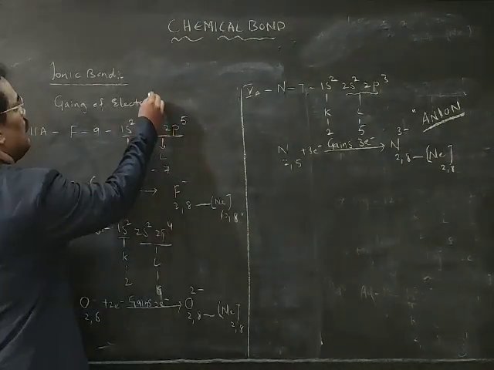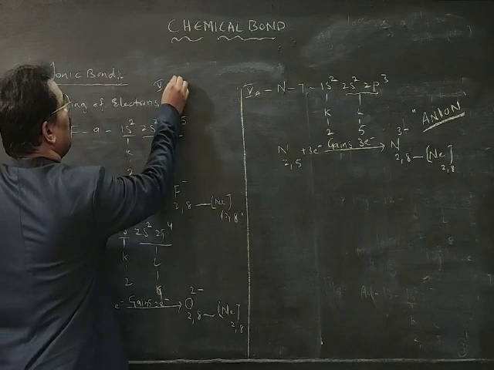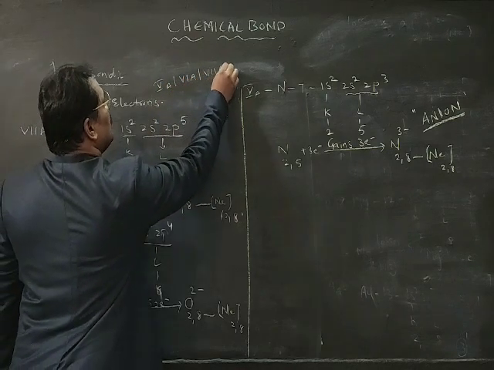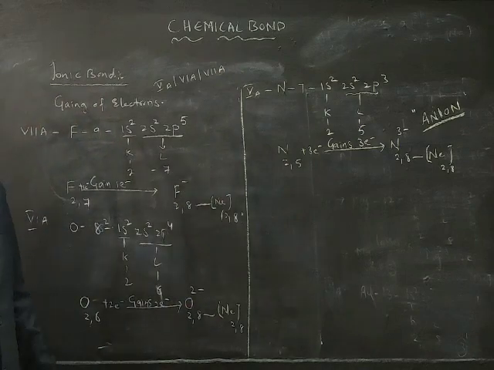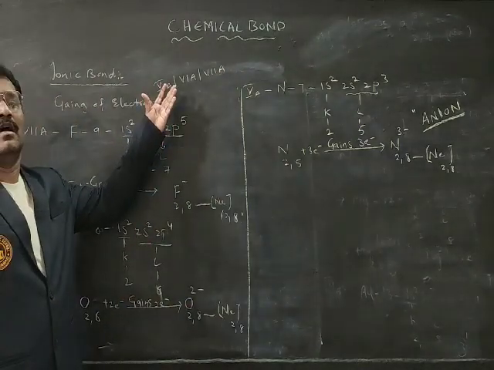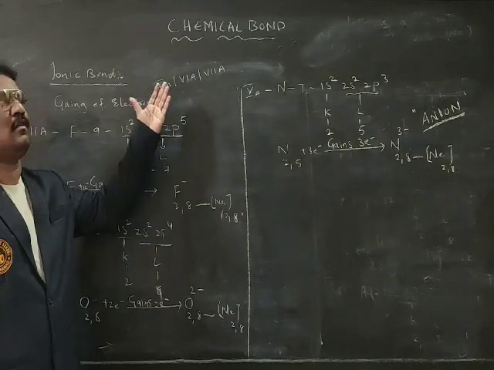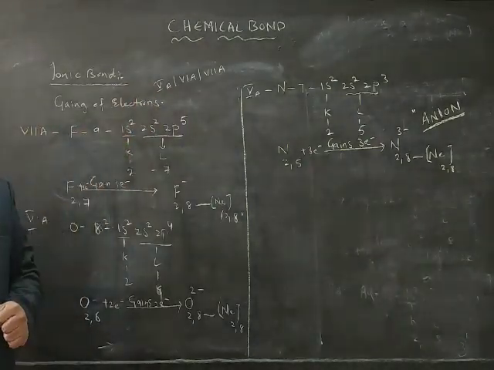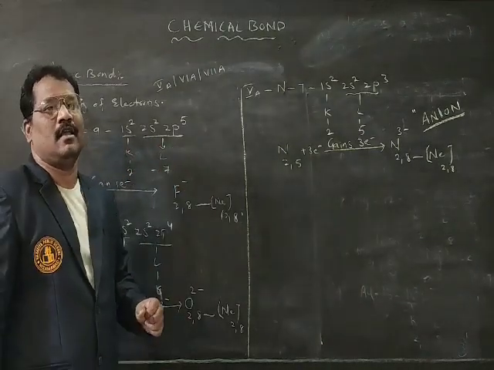We have already seen that the 5th A group, 6th A group and 7th A group elements will gain electrons to attain stability.